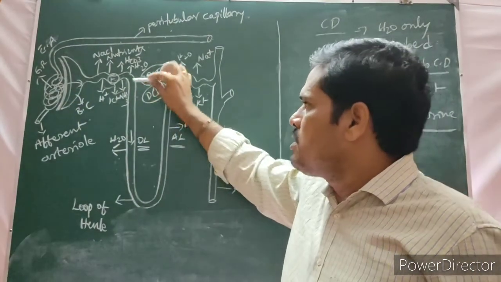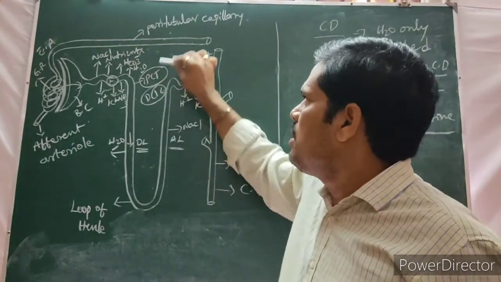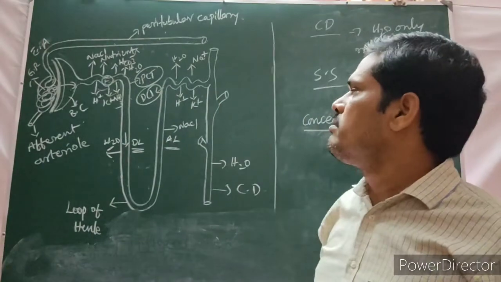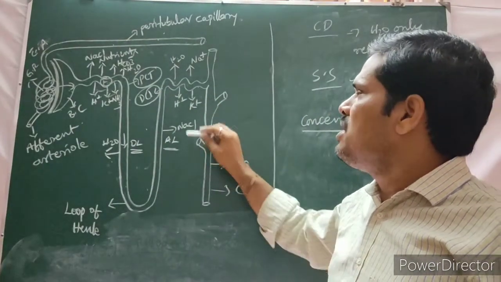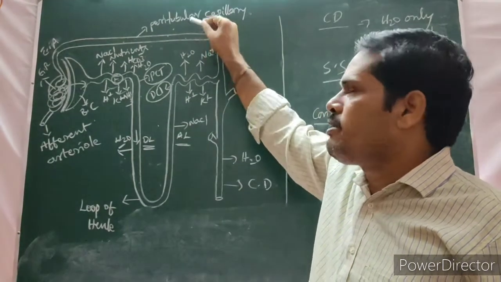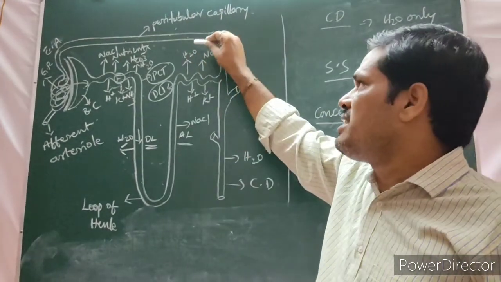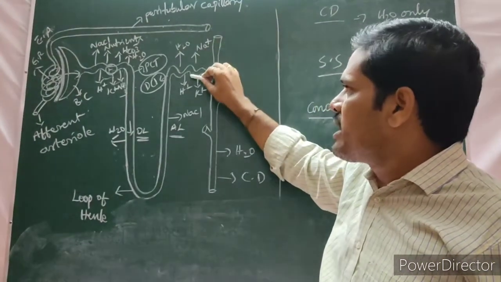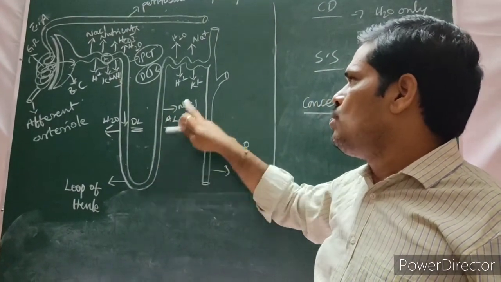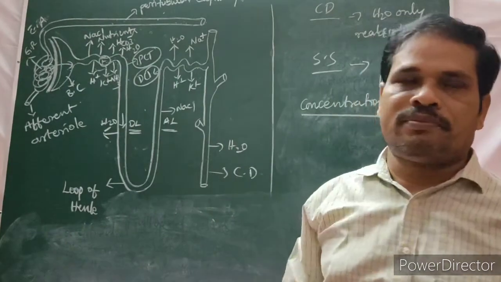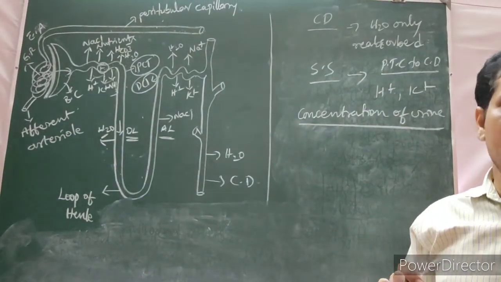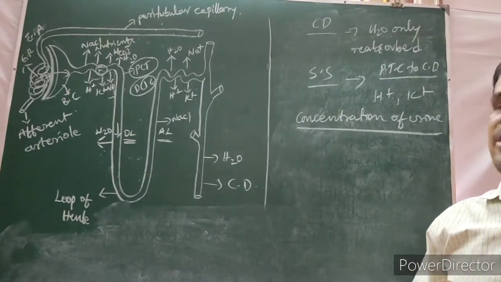Tubular reabsorption means from the renal tubule to the peritubular capillary, the nutrients are absorbed. Then tubular secretion means the wastes present in the peritubular capillary from the absorbed nutrients are secreted into the renal tubule, the PCT, Henle's loop, DCT, collecting duct, everything. That is about the mechanism of urine filtration.